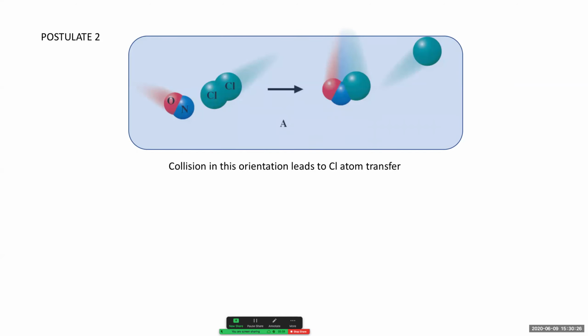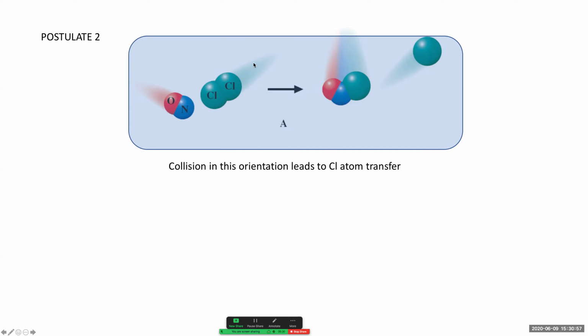So regarding postulate 2, the orientation, here's an example of a chemical reaction between nitrogen monoxide and chlorine. And in the case of the product, there's a new bond formed between the nitrogen and the chlorine. As you can see in this example, and I'm moving my mouse here. I hope you can see the mouse. I noticed it wasn't showing up before.